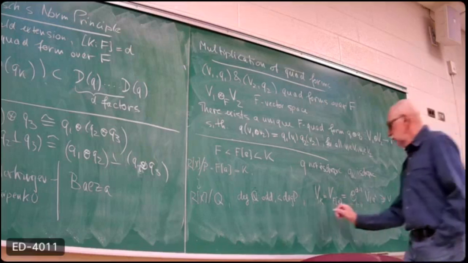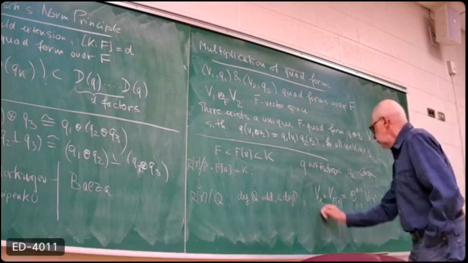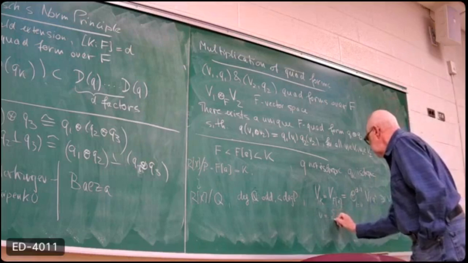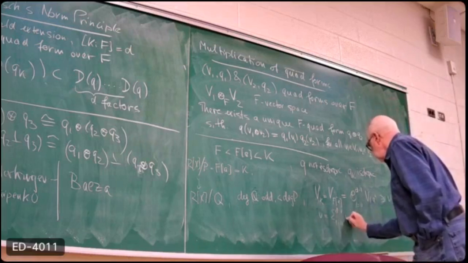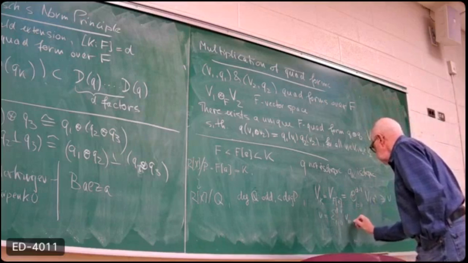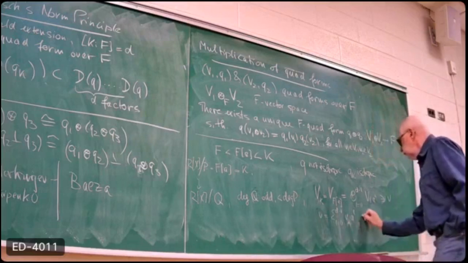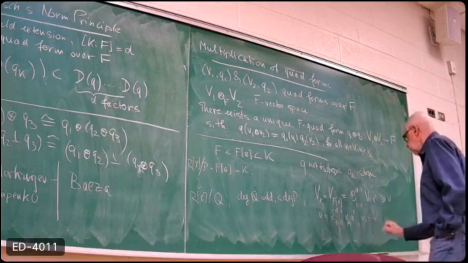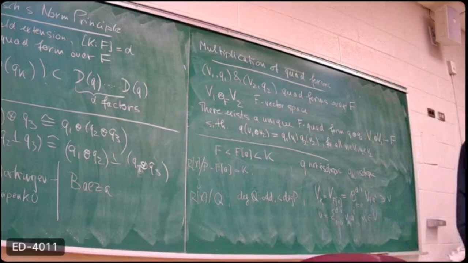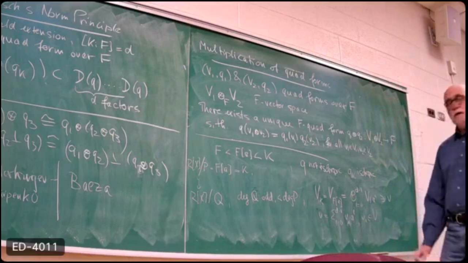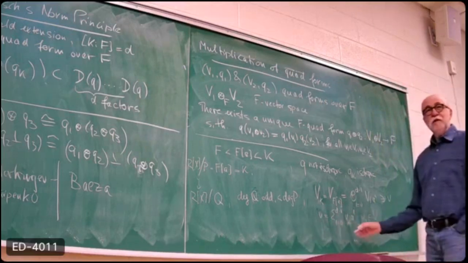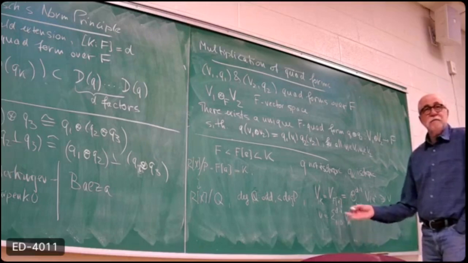So you write your vector as the sum of certain T^i times b_i. A priori, you don't know anything about this except that Q of this is 0.